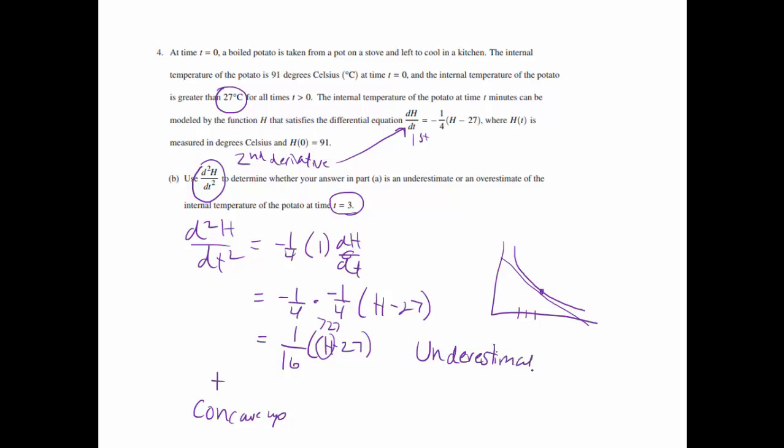And the reason that it is an underestimate is because the graph is concave up since d squared h over dt squared is positive. That was worth all that work for 1 point.